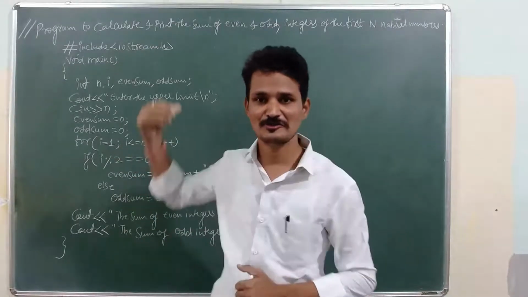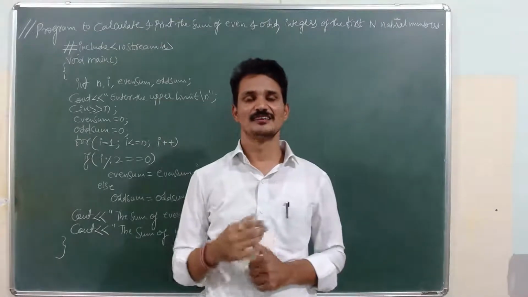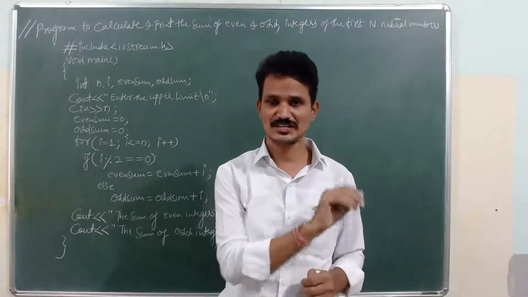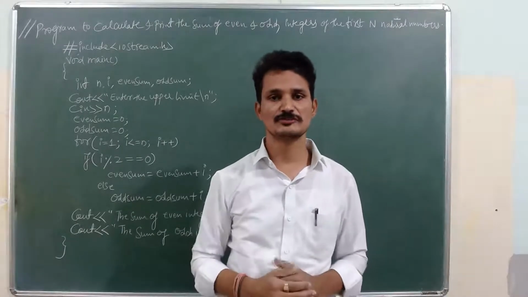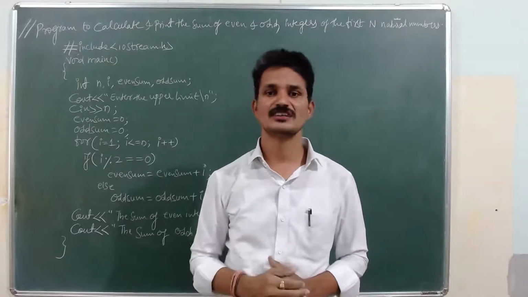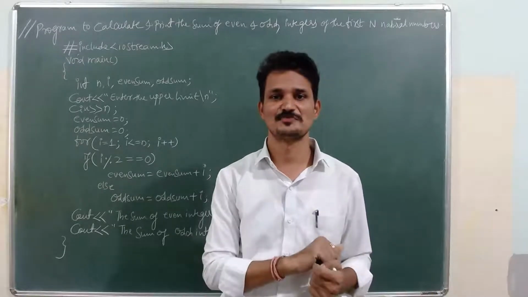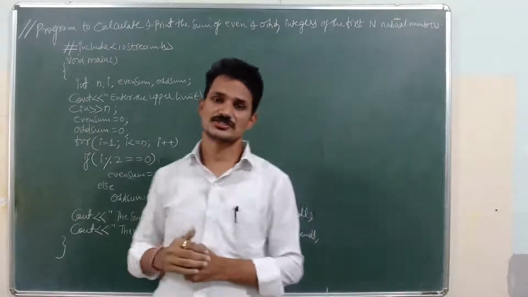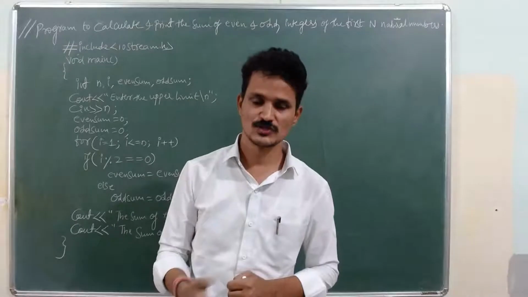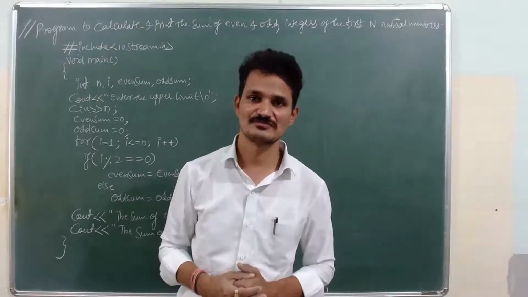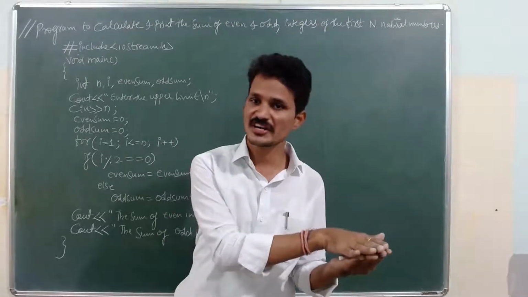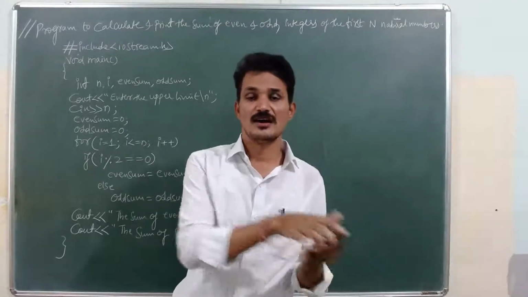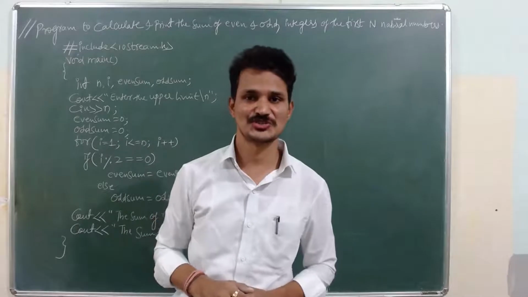For odd, the answer is 1 plus 3 plus 5. 1 plus 3 is 4, 4 plus 5 is 9 for odd integers. For even integers, 2 plus 4 is 6. That's it. If I input 5, I will get the sum of odd integers as 9 and the sum of even integers as 6.